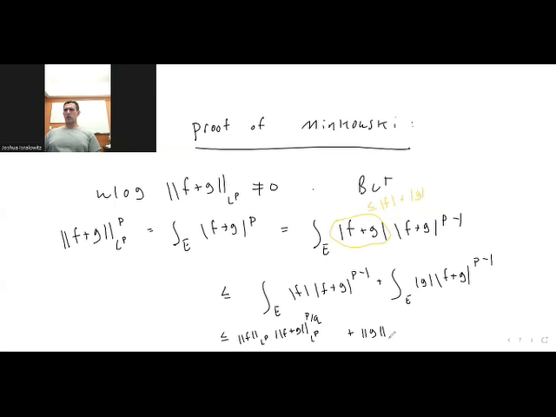LP norm of G, LP norm of F plus G to the P over Q. Running out of room here. So what I'm going to do is factor this out, this common term here from both sides.